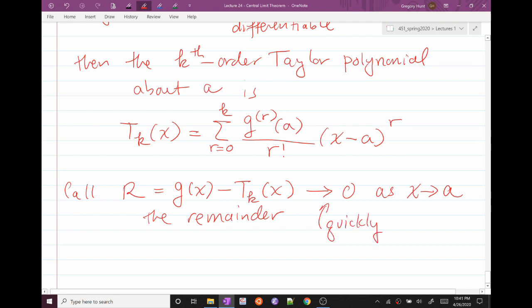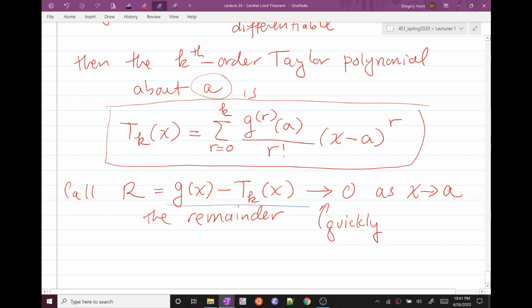So basically what happens is, if I have some function g, I can approximate g using my kth order Taylor polynomial. I pick some center a, I form this kth order polynomial, which uses derivatives of g, and otherwise it's a polynomial. If I do this, then the remainder, the difference between my truth and my kth order polynomial, goes to 0.